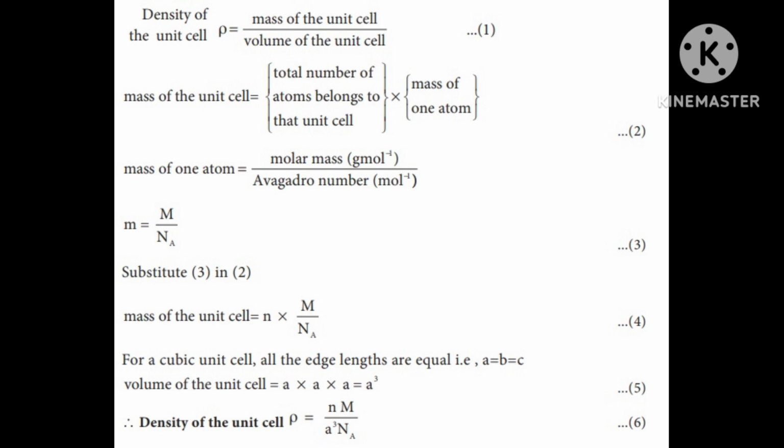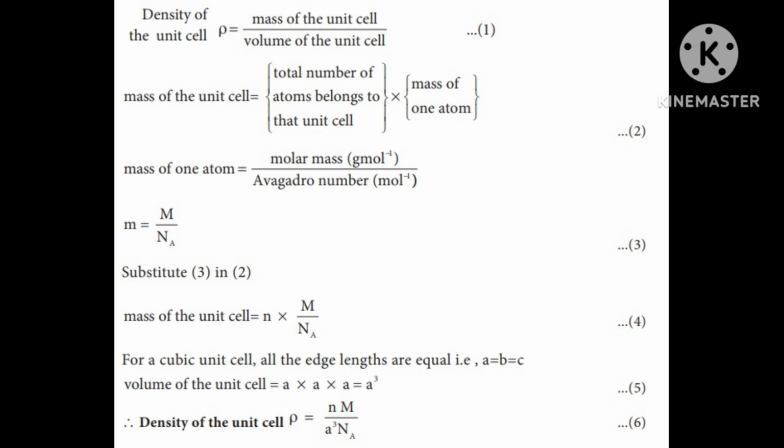Then here N A, N is the Avogadro number. It is a big number, 6.02 into 10 to the power 23 particles. That's why if you know the total mass of the cubic cell, capital M, then that mass includes a large number of atoms.